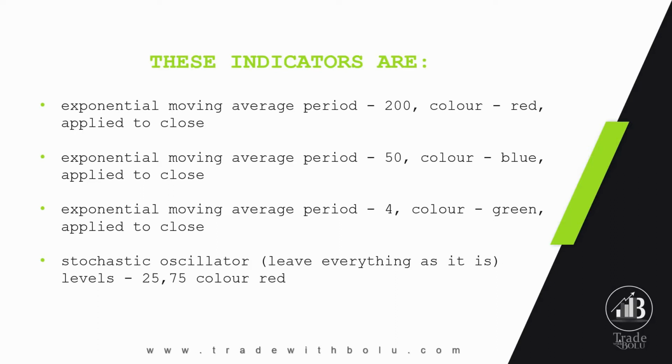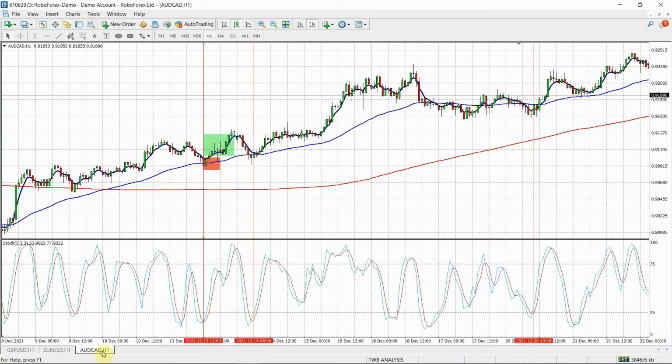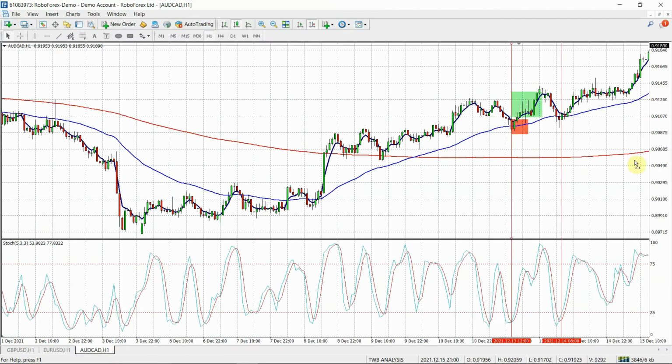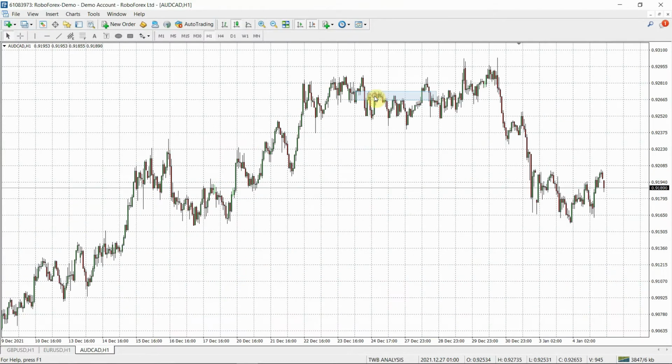So let me quickly show you this on the MT4 charts. So you have those here, basically, and this is what it looks like. To add the 200 moving average, you could restart from fresh. Let's restart from fresh. All right, so we have the 200 moving average.